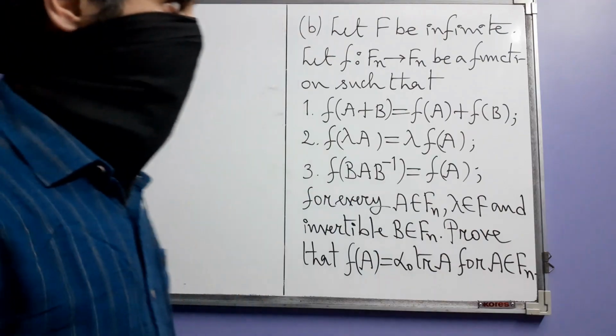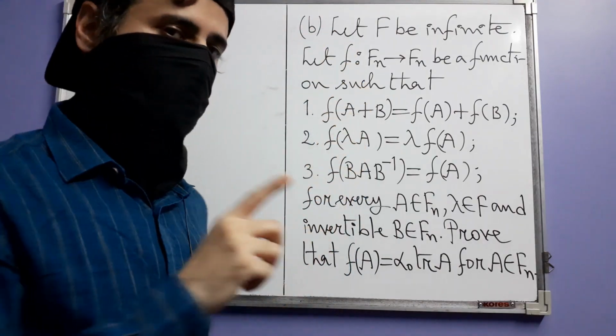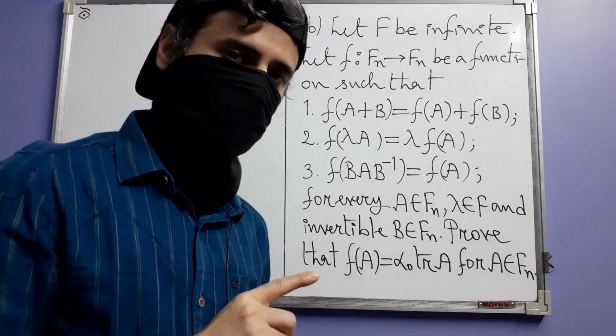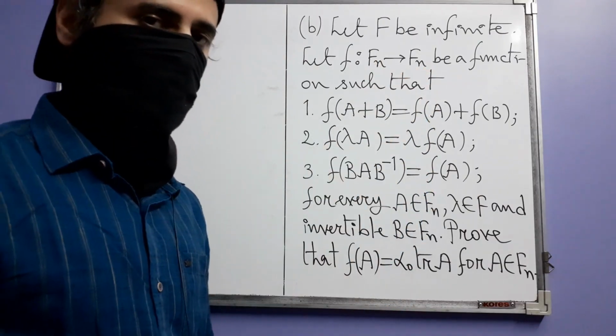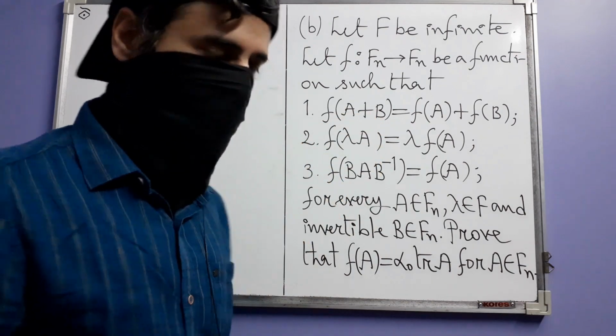Part B, again our underlying field F is infinite, and we now have a function small f from the matrix algebra Fn to itself, and it satisfies these three properties.